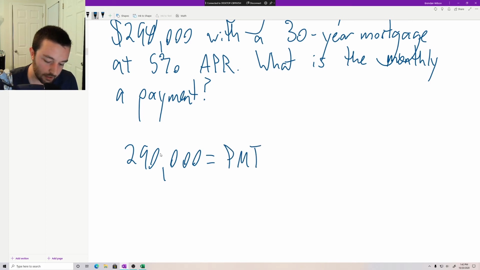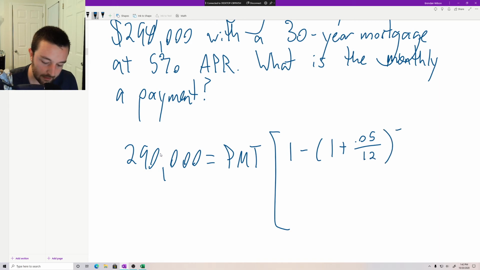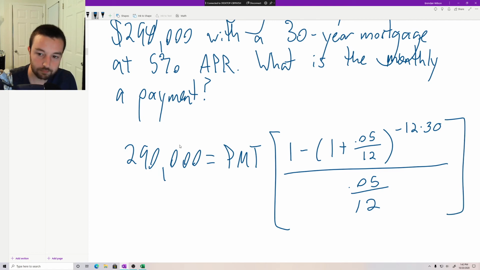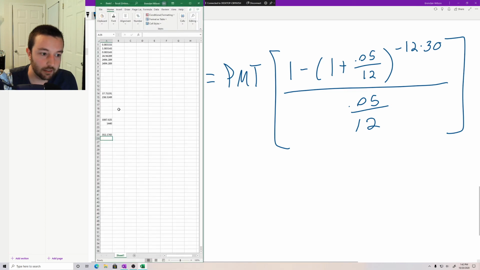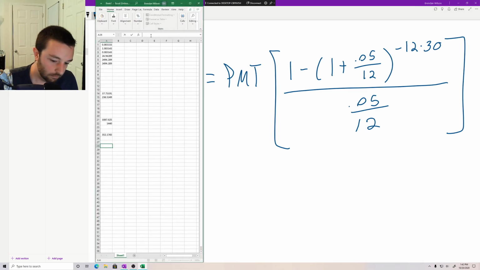So this is the payment. We have 1 minus 1 plus R, which is 0.05 divided by 12, to the negative 12 times 30, much bigger than our other numbers, over 0.05 divided by 12. Let's put that in here. We're just putting this number in first, and then we'll do that divide both sides thing again.